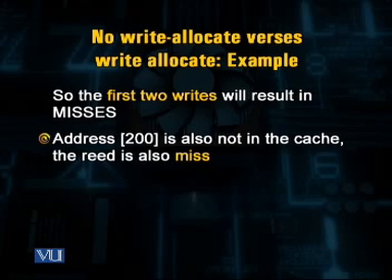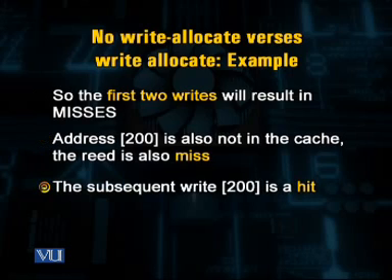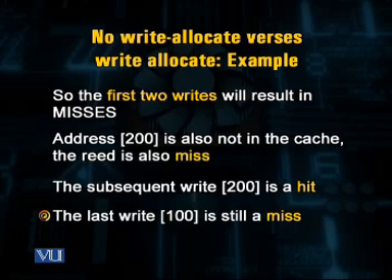Therefore, it is a read miss operation. The subsequent write, that is 200, is a hit, whereas the last write, that is write 100, is still a miss. So the no write allocate policy results in 4 misses and 1 hit.